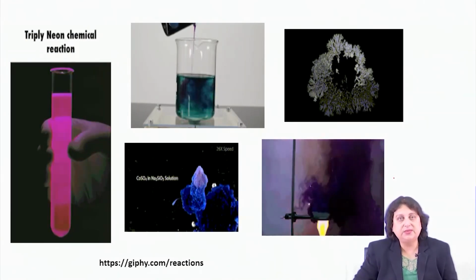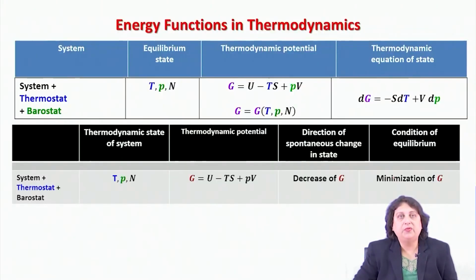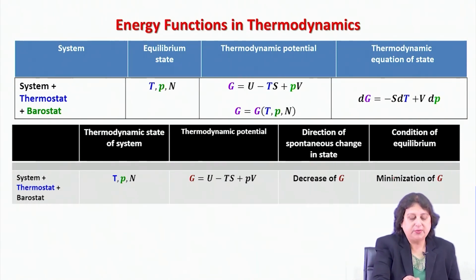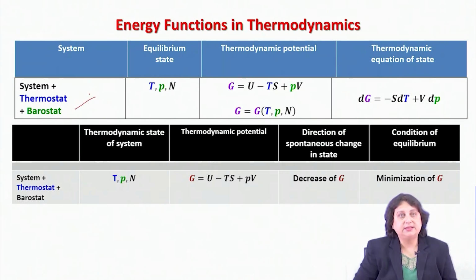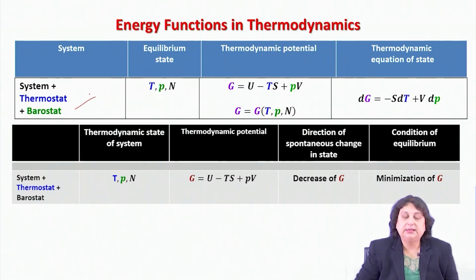And that is the reason why, in most cases, when we think about chemical reactions, we are thinking about the reacting system in contact with a thermostat and a barostat. So if you are carrying out the reaction in the laboratory at room temperature and pressure, what is your thermostat?